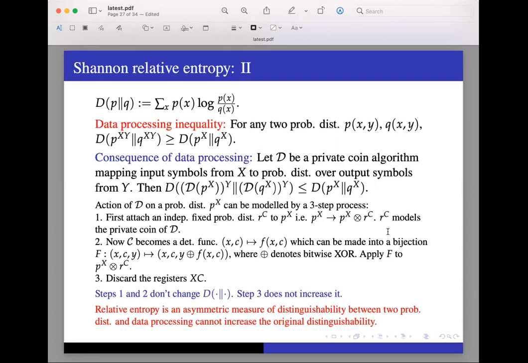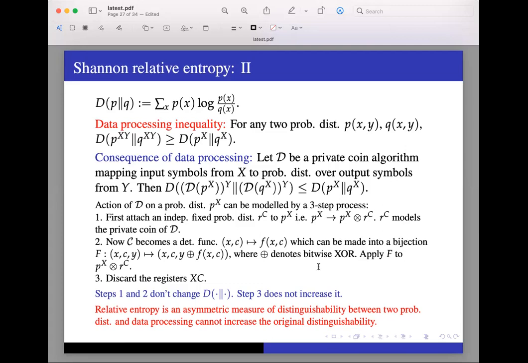Attaching it just means that I'm going from the distribution P on X to the joint distribution on XC, which is a product distribution, P on X and R on C. This is the first step of the private coin algorithm.